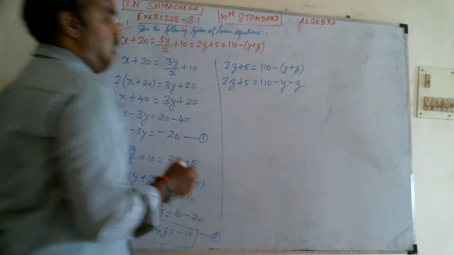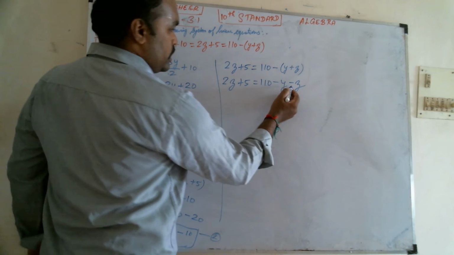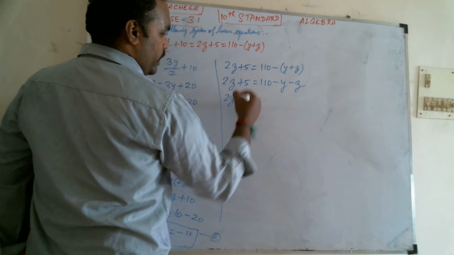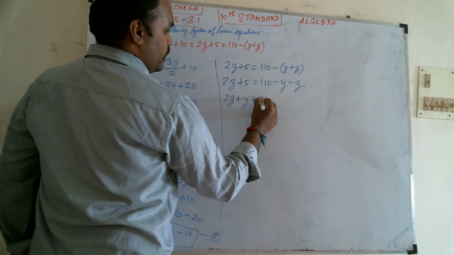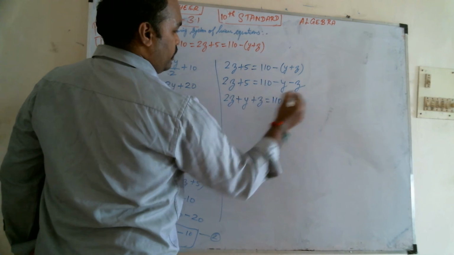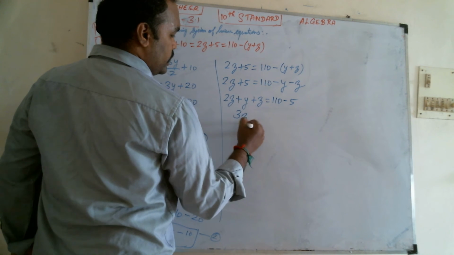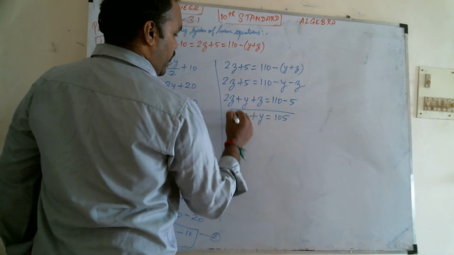So now, next process is, how are we going to do this? Variables, we can put on the left side. 2z plus y. Minus z, if it comes to the left side, plus z. 110 minus 5, if it comes to the right side. 2z plus z is how much? 3z plus y equal to 105.